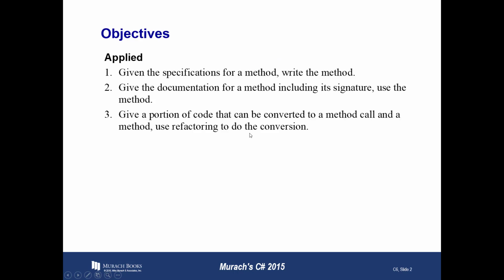Now, C#, we talked about this quite a few chapters ago, is an object-oriented programming language. When you write functions or routines inside of an object-oriented programming language, those functions or routines are referred to as methods.